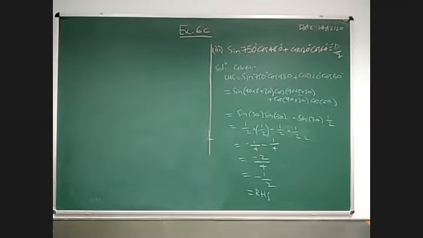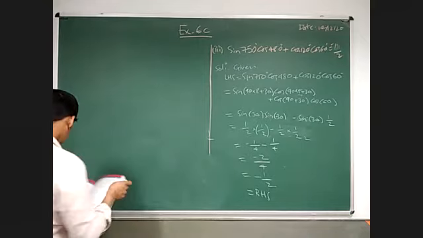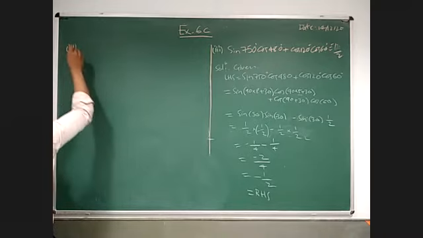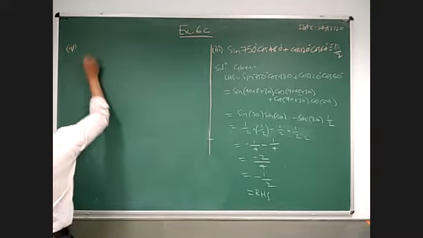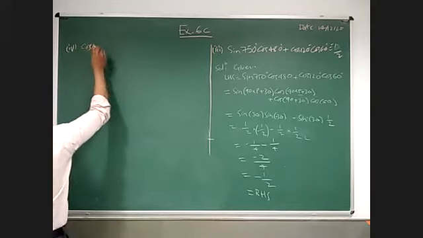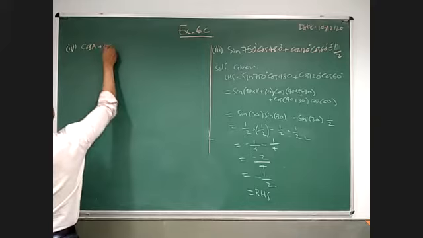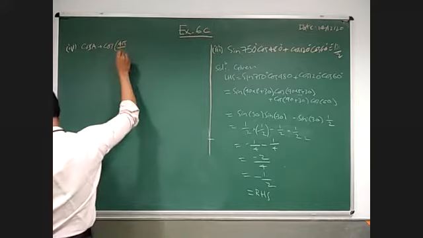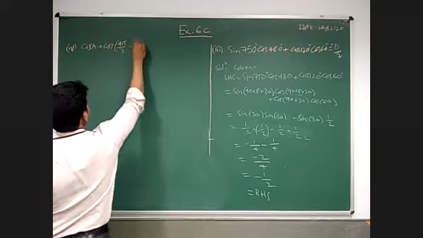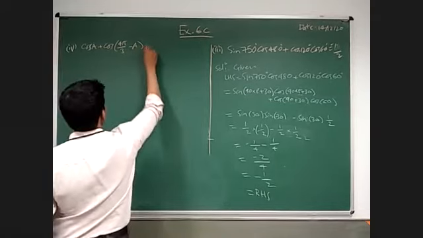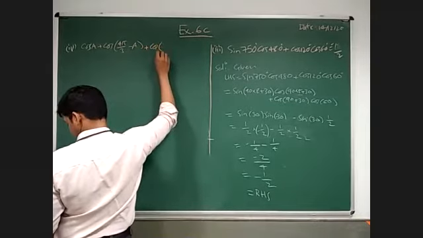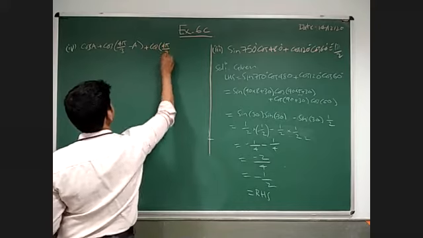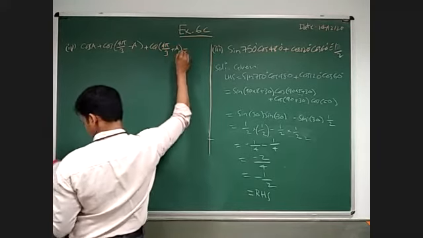The next question is cos A plus cos 4 pi by 3 minus A plus cos 4 pi by 3 plus A is equal to 0.